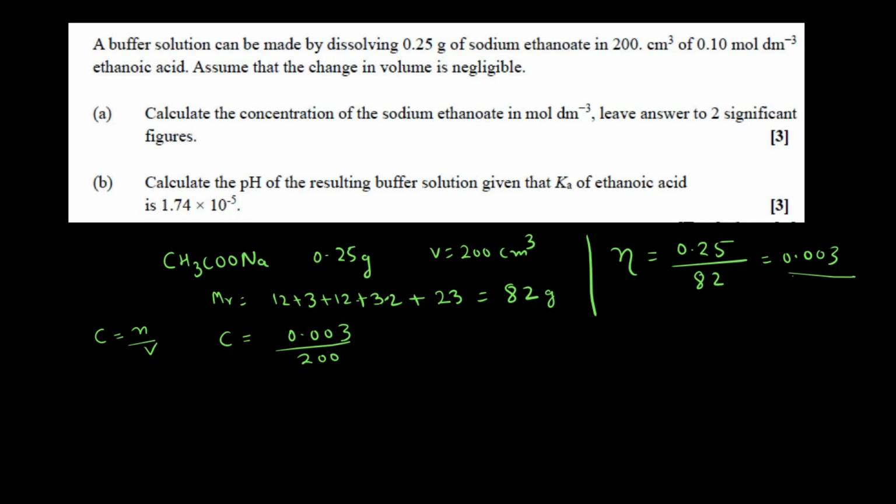So we divide by 1000, so 1000 will come in here. So when we divide 200 by 1000, 1000 will go up, so it comes out to be 0.015. So this is the answer in moles per dm cube, and this is in two significant figures. This is the answer.